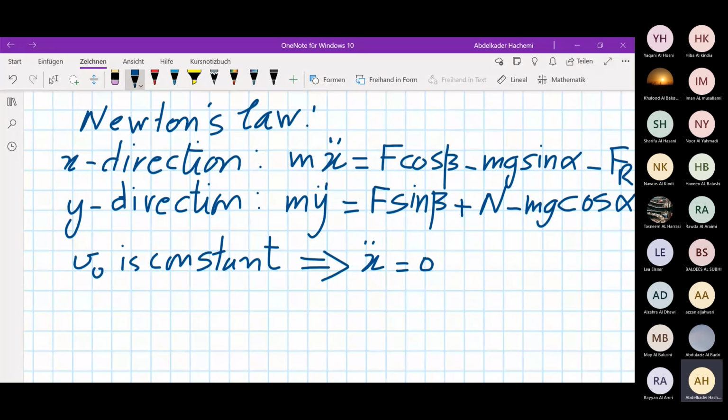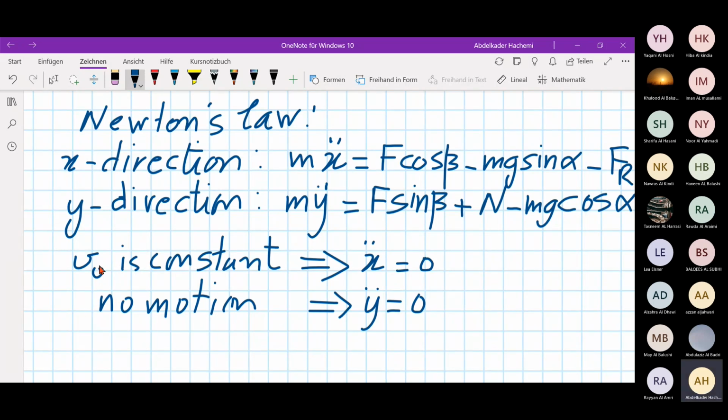Here also y double dot will be equal to 0, as there is no motion along the y direction. There is only motion in the direction of x.